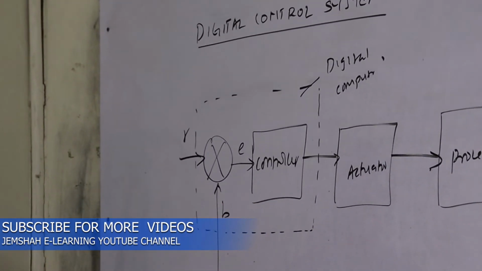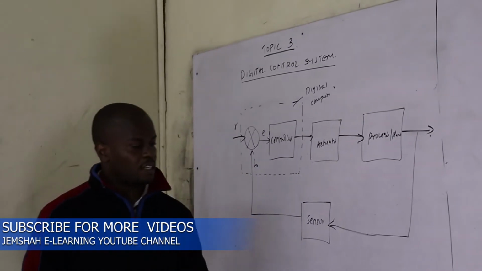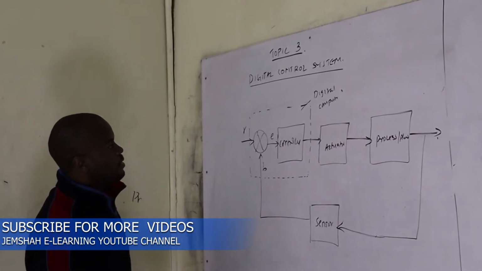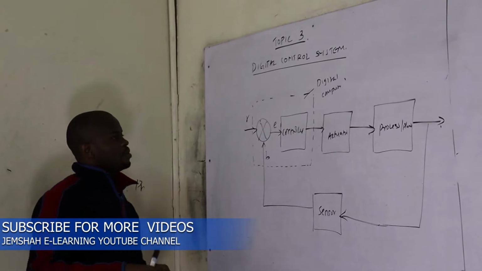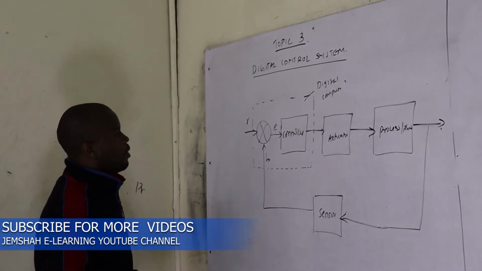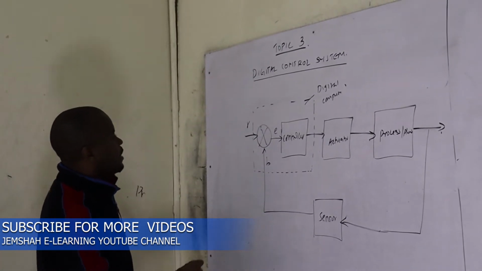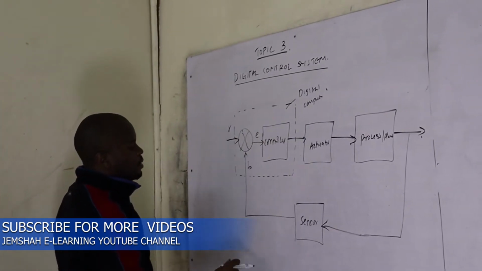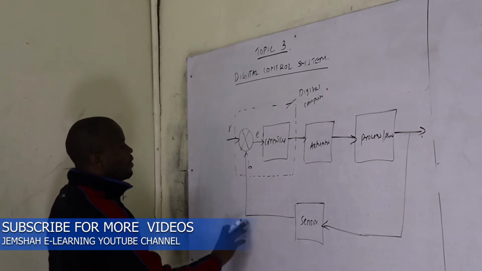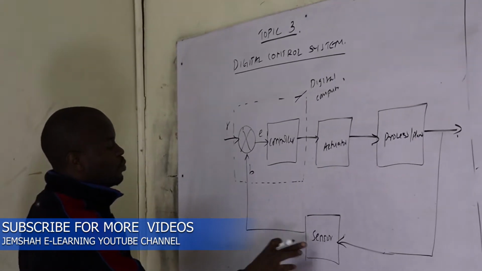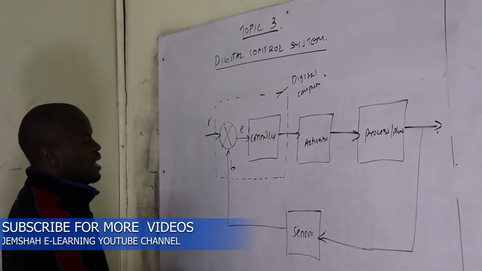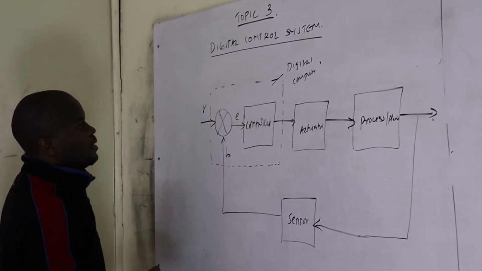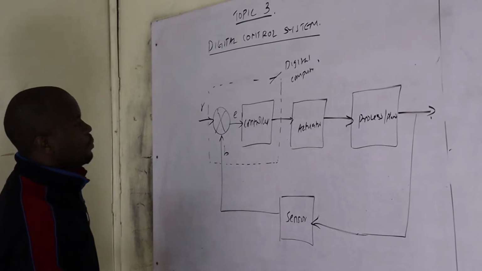Because at times we deal with digital signals, there will be a need to convert the signals from digital to analog, or the other way round, depending on whatever is needed. For the digital computer, we are going to convert the signal along the feedback line from analog to digital, so that it can be processed in the digital computer.